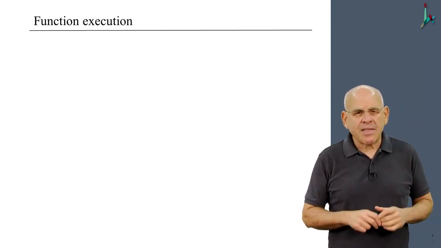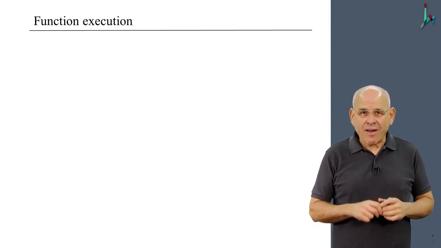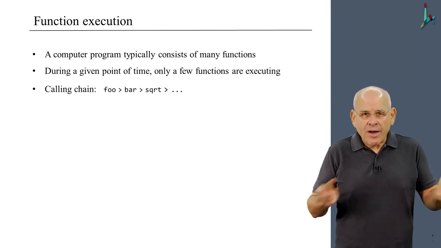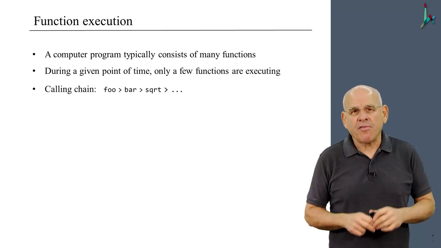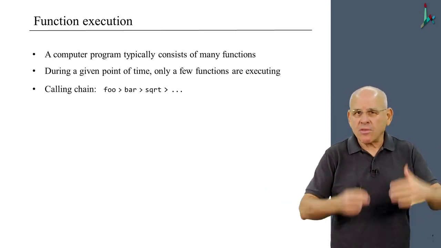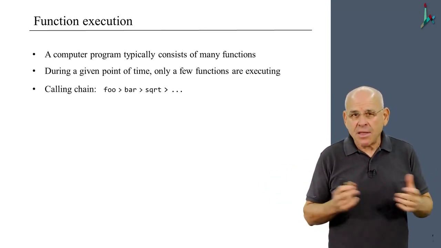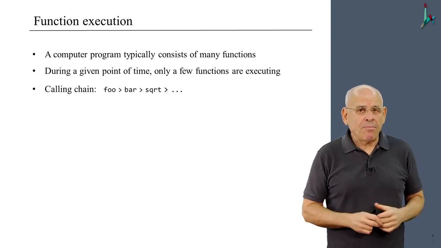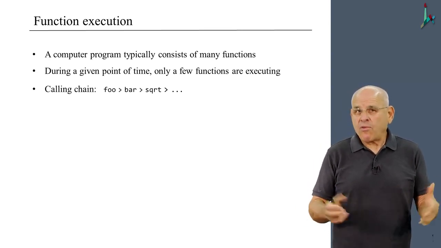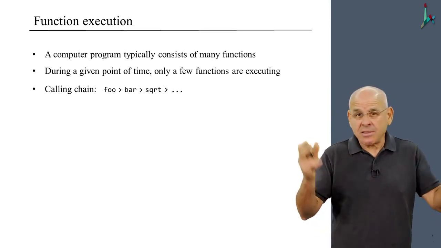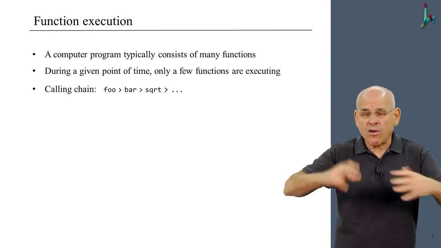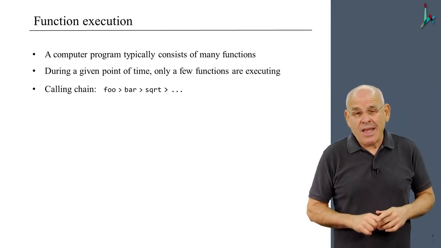So I'd like to begin by saying a few words about the notion of function execution. As you well know, a computer program typically consists of several functions, or a Java program consists of several methods typically. And if the program is doing something not trivial, it may well consist of dozens of methods which are spread over multiple classes and so on.